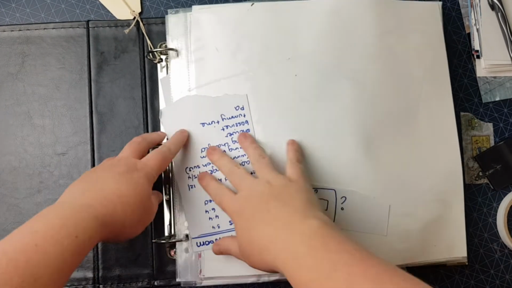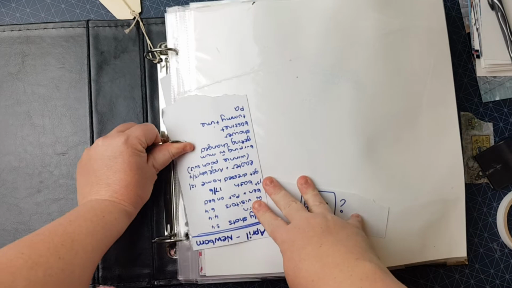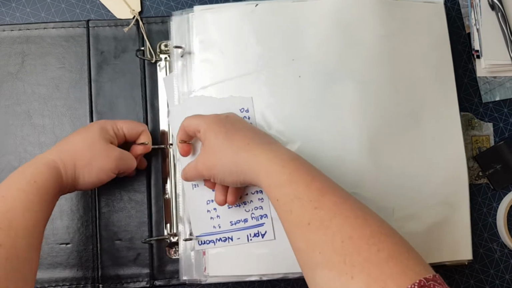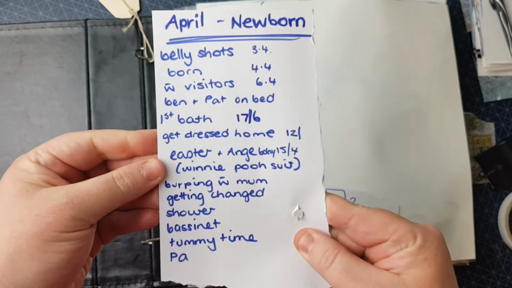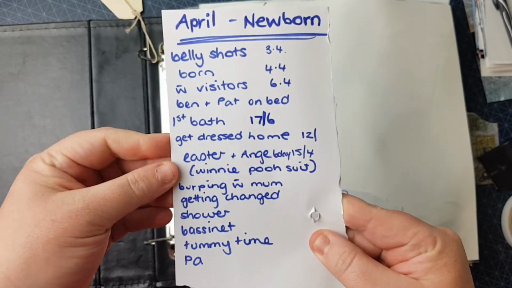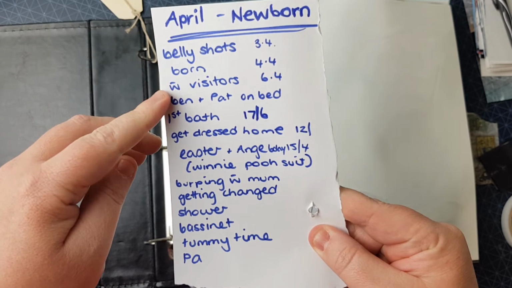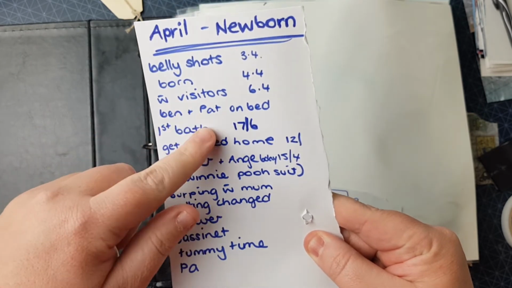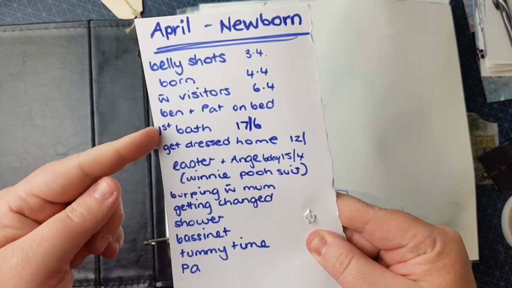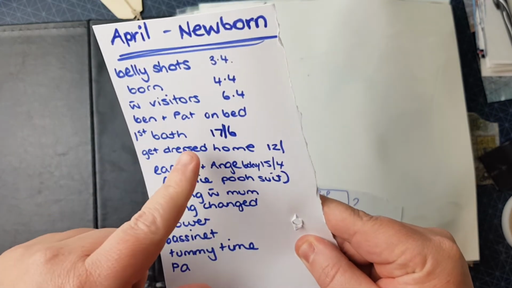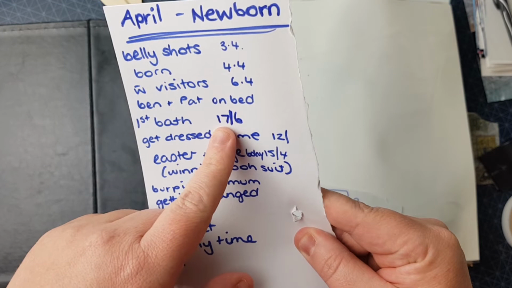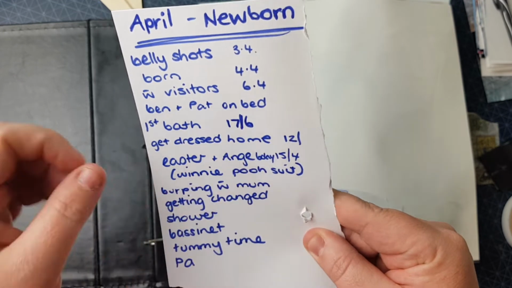So how I set up my albums is, oh, I can't even open it. I start with a running sheet of the photos for each month. So April, he's got some belly shots, he was born, visitors, first bath, and then these are the dates. 17th of the 6th. Oh, that's not the date. 17th of the 4th, that should be.